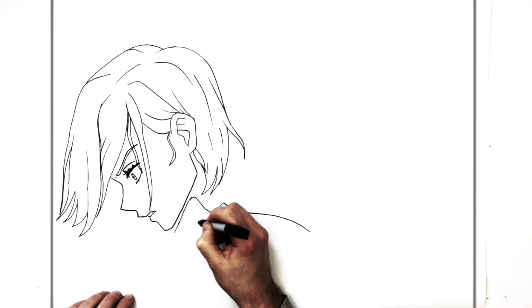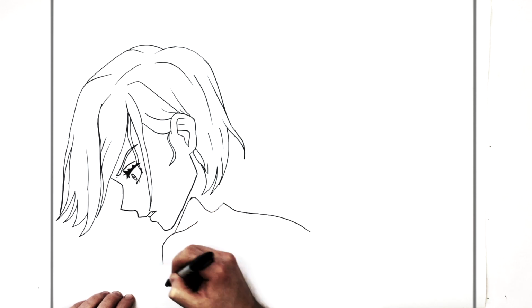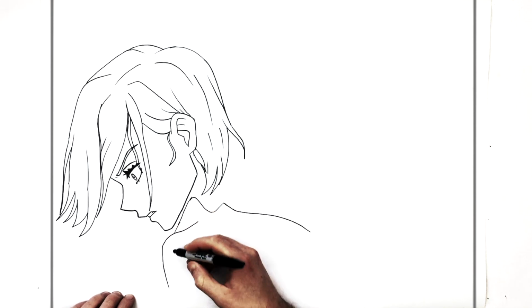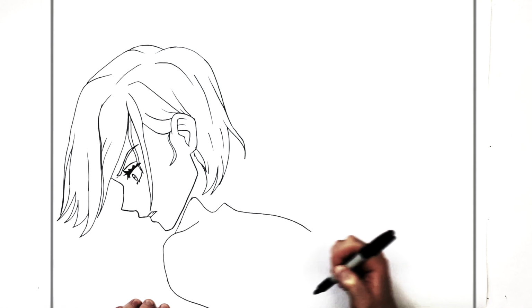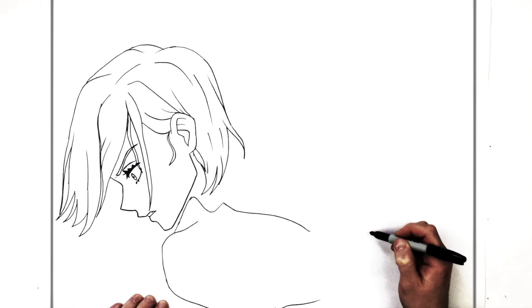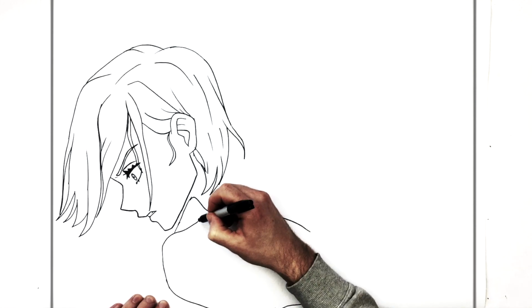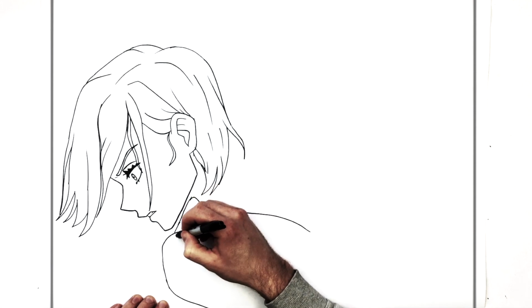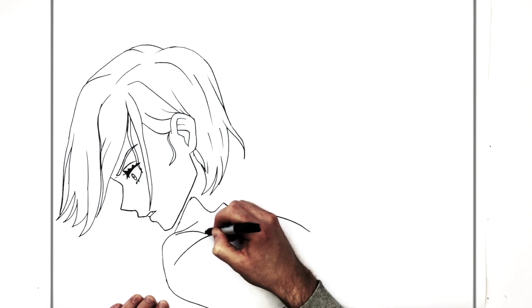So her shoulder sticks out here, goes down, around, just off the bottom of my page, and kind of comes back in here. Somewhere there. And then the top of her arm bumps out like so.